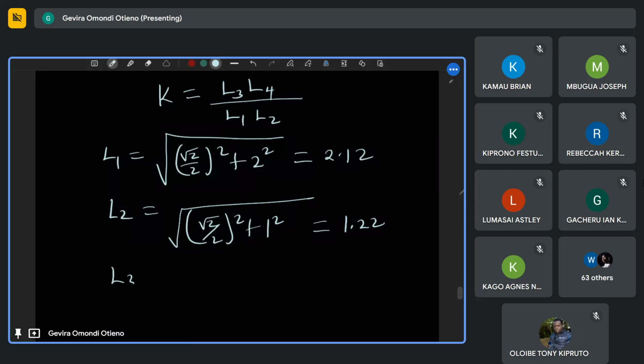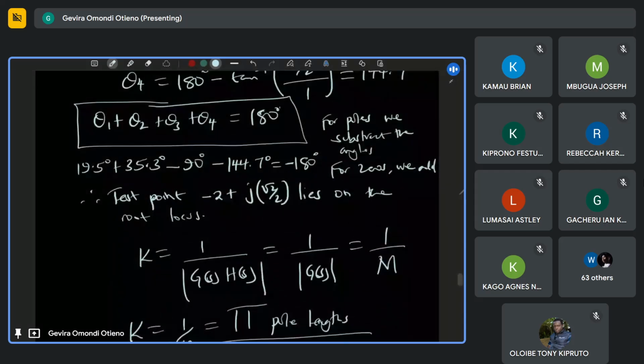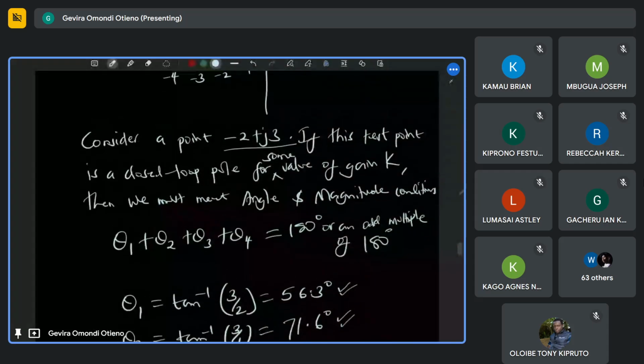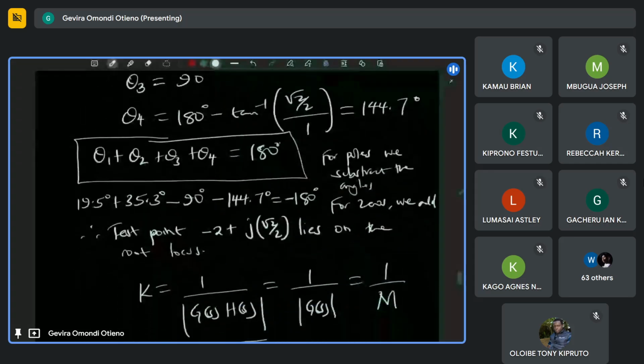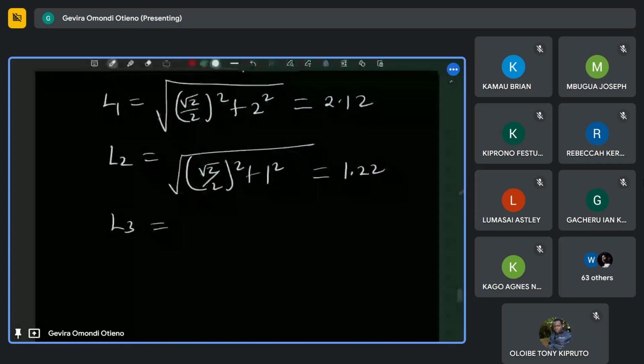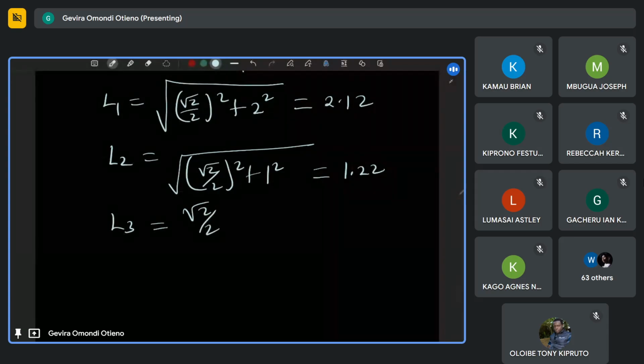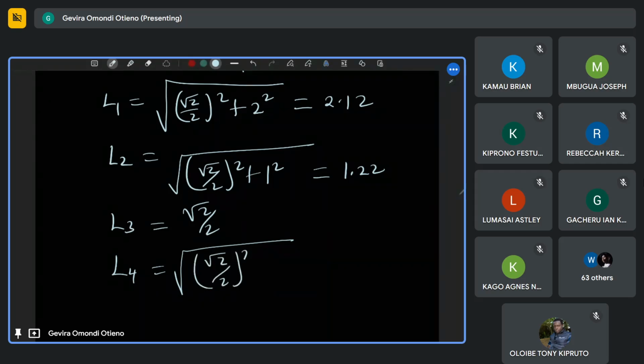L3, we are just getting this length here. L3 is simple. It's just this length, and this length is root 2 over 2. So L3 is just root 2 over 2. And L4 is, again, 1.22.